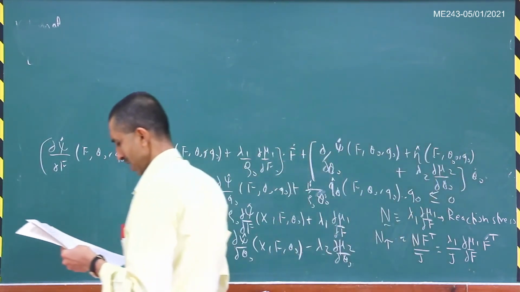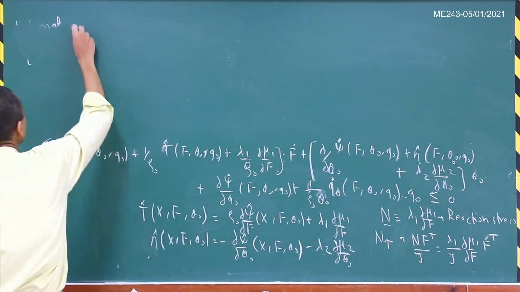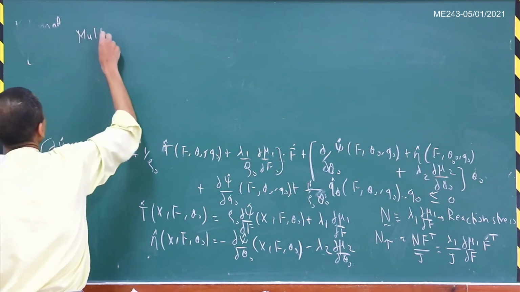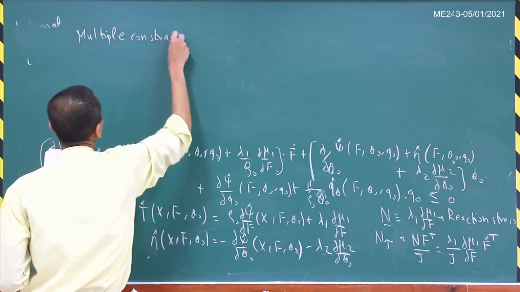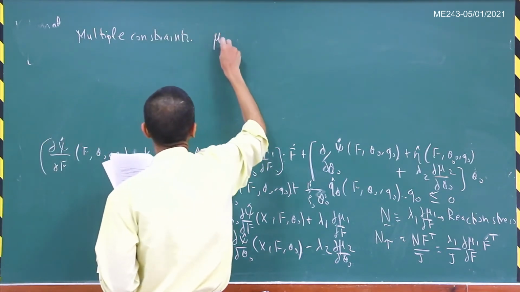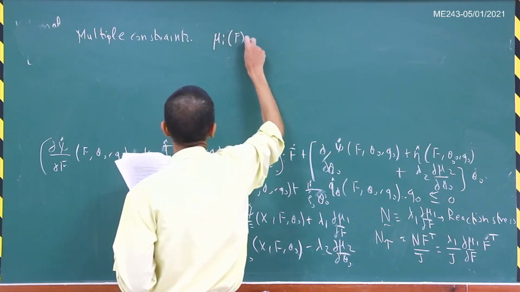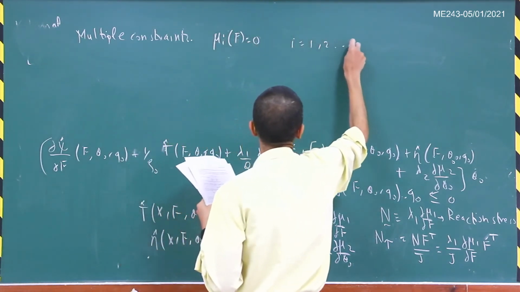So if you have multiple constraints now, so if you have mu I of F is equal to 0, where I is equal to 1, 2, up to n, okay.